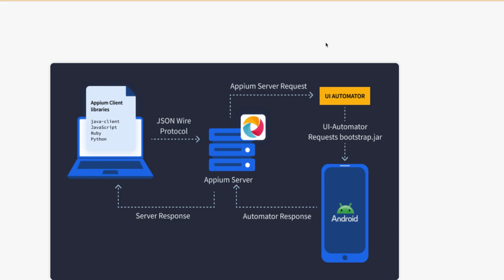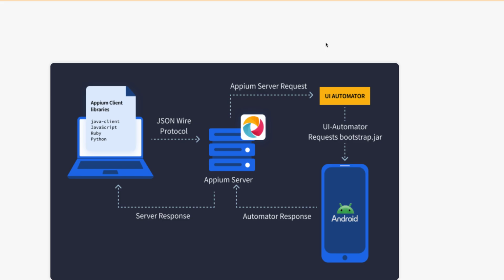The user-written code is transformed into a REST request via the client libraries, and the mobile JSON wire protocol is then used to transmit these requests to the Appium server. The Appium server sends these requests to the targeted Android device or emulator. These instructions are translated into a format that UIAutomator can understand by the bootstrap jar.